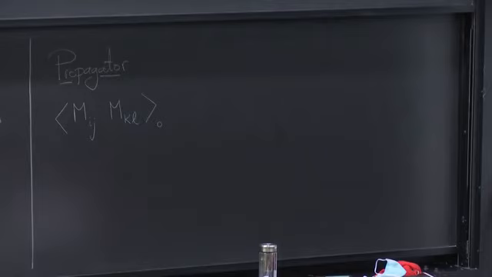Now I'm not going to do this computation because it's very simple, but let me just tell you how you would do it. You notice that trace of m square is Mij times Mji, right? So it's a Gaussian integral, right?